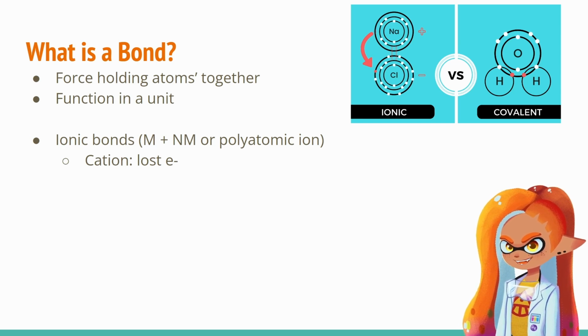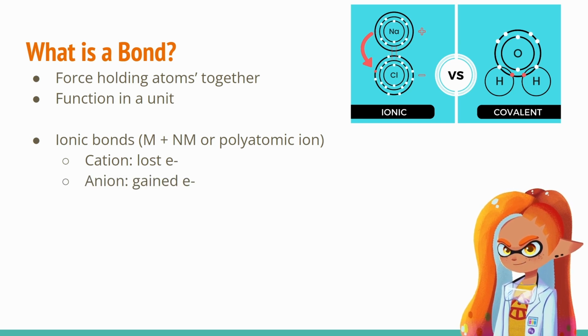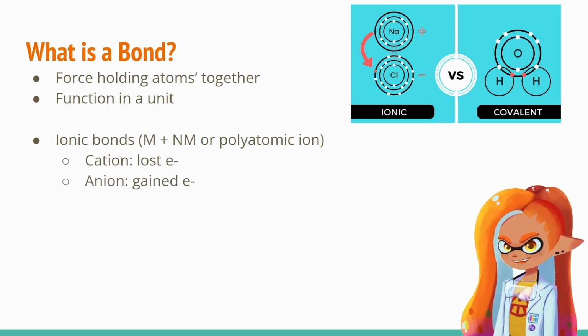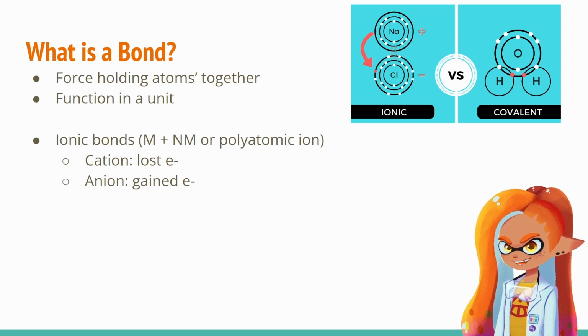And so the cation is positive because it has more protons compared to its electrons. Our anions have gained electrons. So regardless of if it's a group or just a nonmetal, the anion is going to gain electrons, and so therefore there are more electrons compared to protons, and so we have a negative charge on that ion.